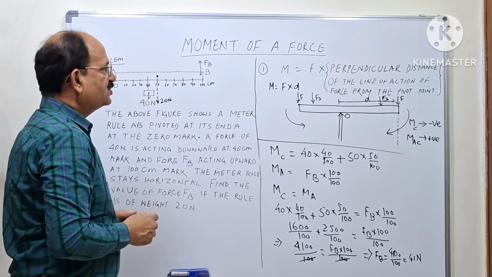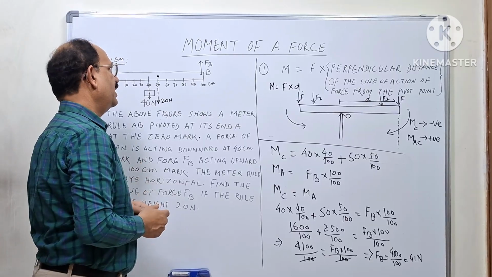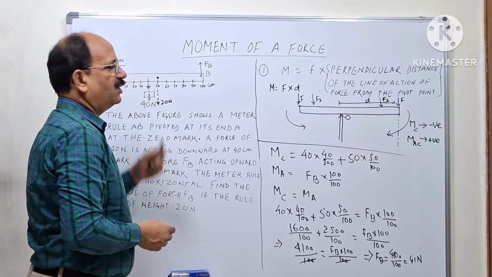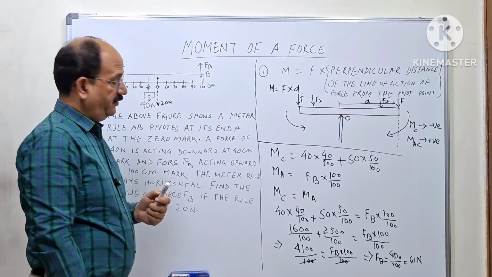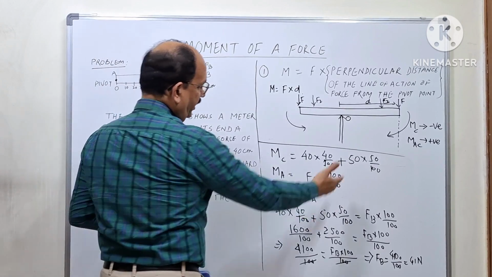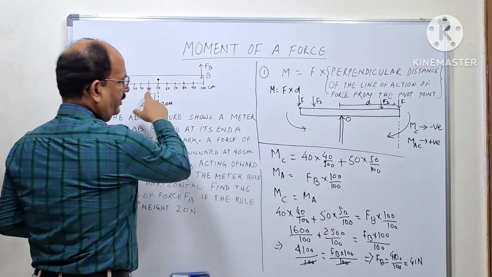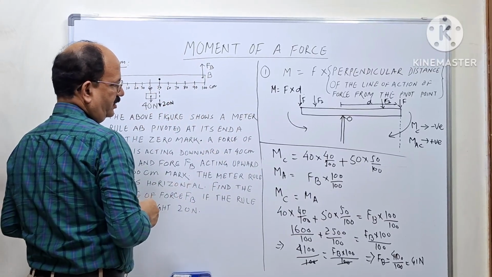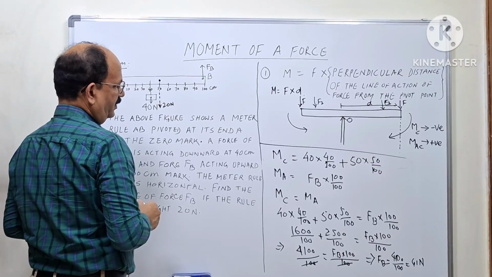You may end up in a situation where the question may ask that, okay, what if the meter rule is of negligible weight? If it is negligible weight, then this component, which is coming at 20 Newton, there is an error here.